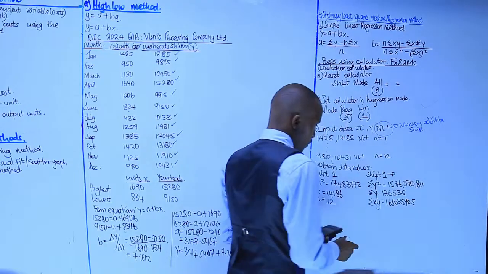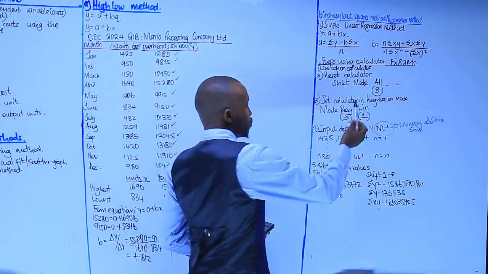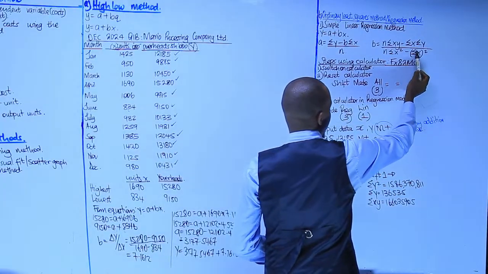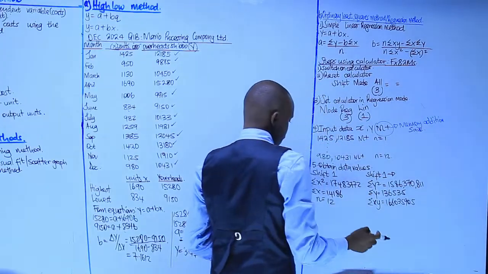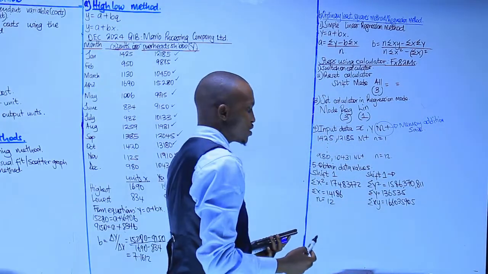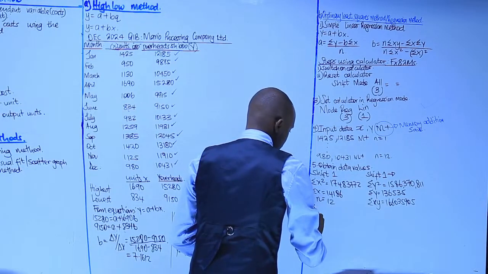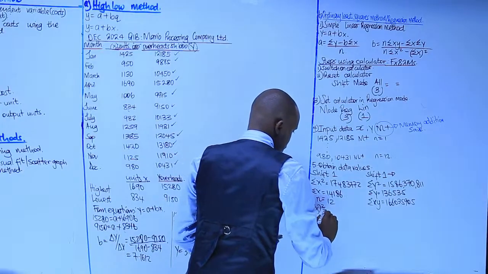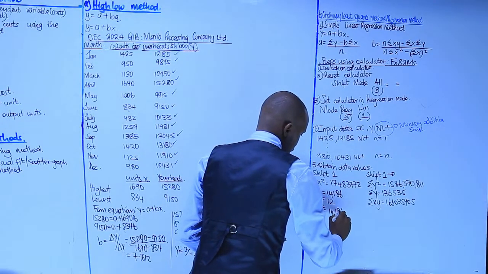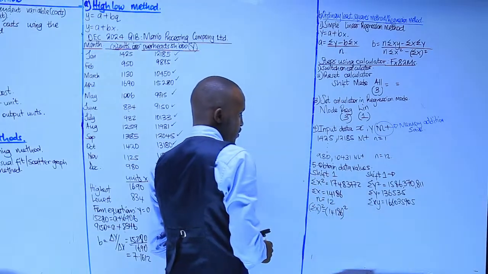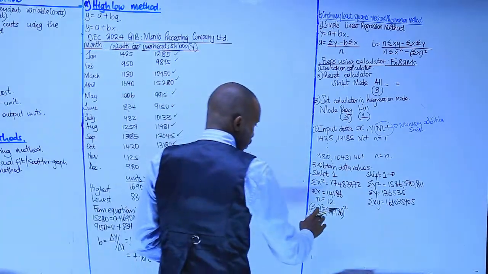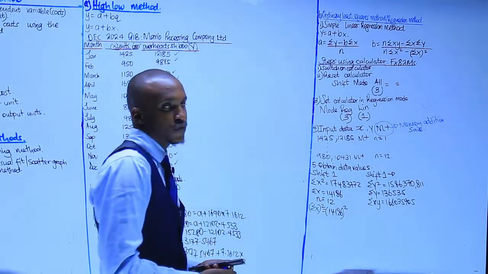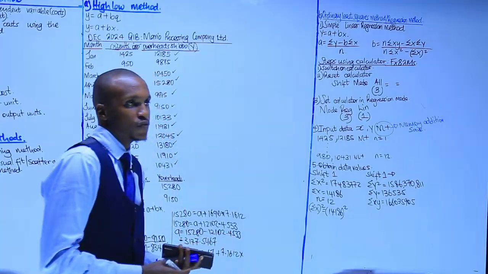Now if you look at your formula for b here, we have everything except this item. But since we know the summation of x, we simply square it: the summation of x, squared, is 14,186 squared. That is how you use shift 1.